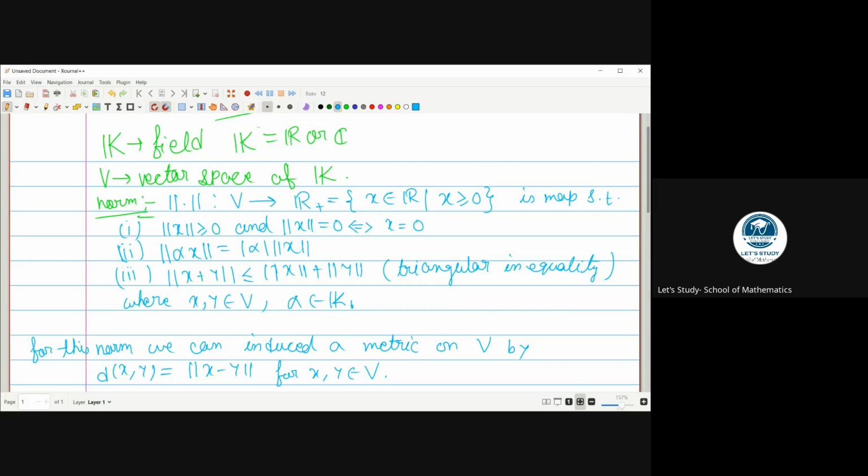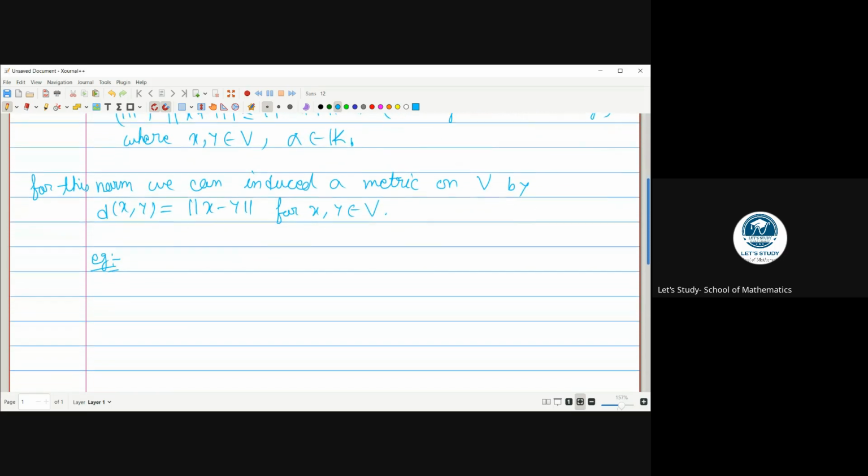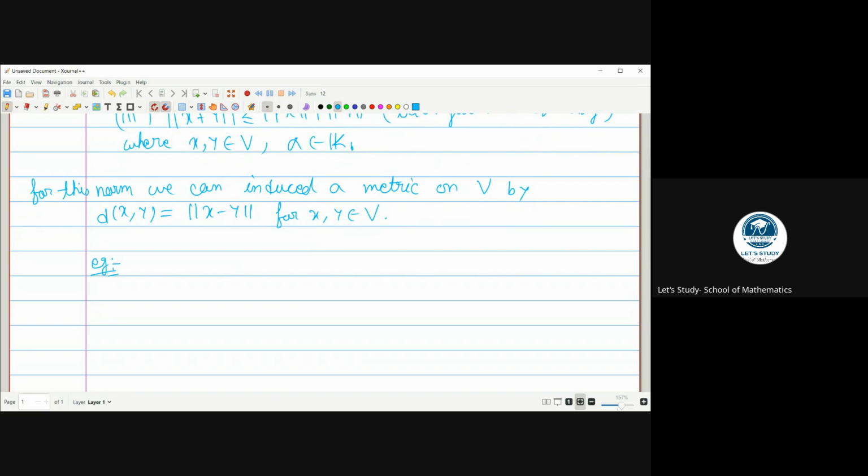Can you see a norm anywhere in some known number system? Yes, the Euclidean norm. Exactly. This is the first normed linear space we have worked with, but we actually didn't know this particular name. The first example is R with the norm, basically norm of x equals mod of x.